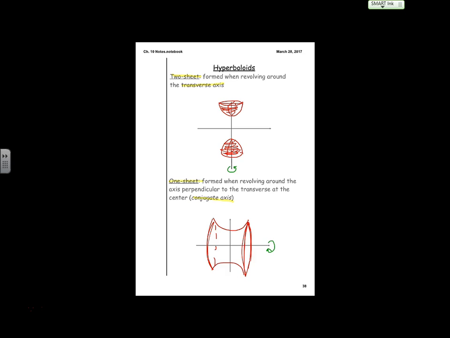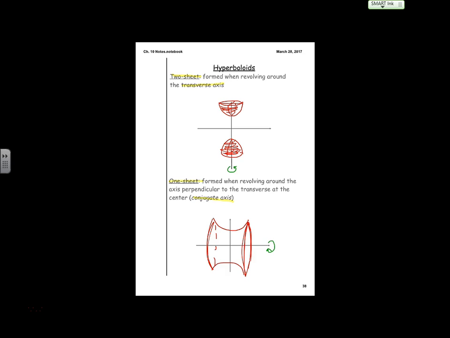How about an hourglass? You guys can all relate in some way, shape, or form. Or an apple core that's been eaten, but without the jagged edges.